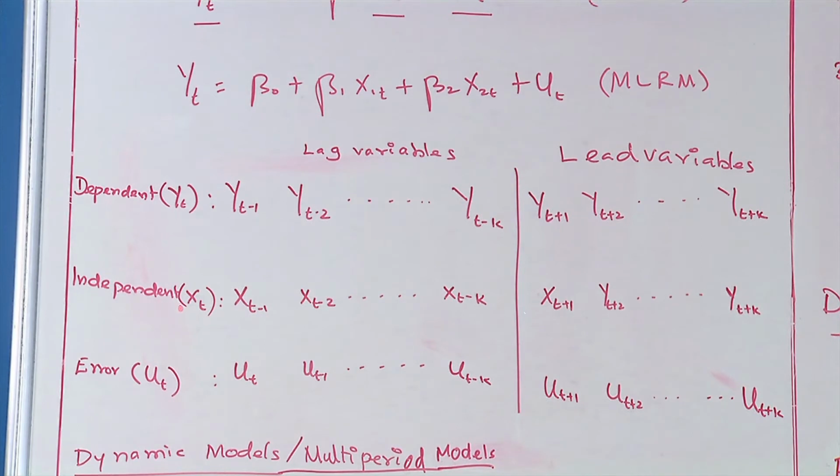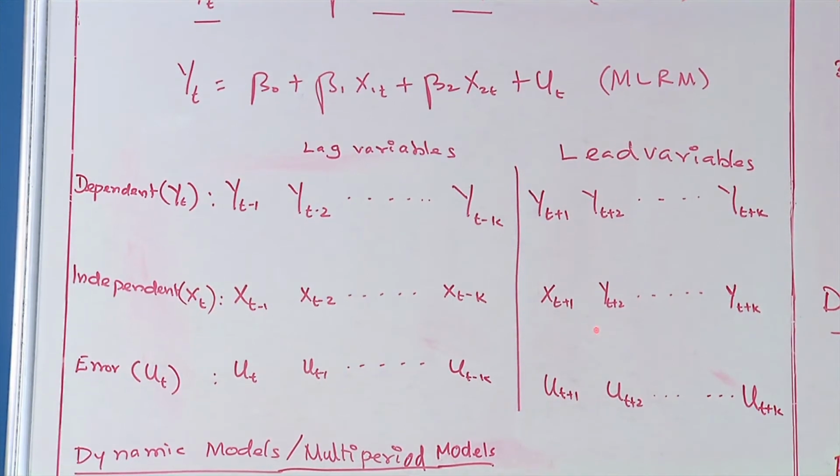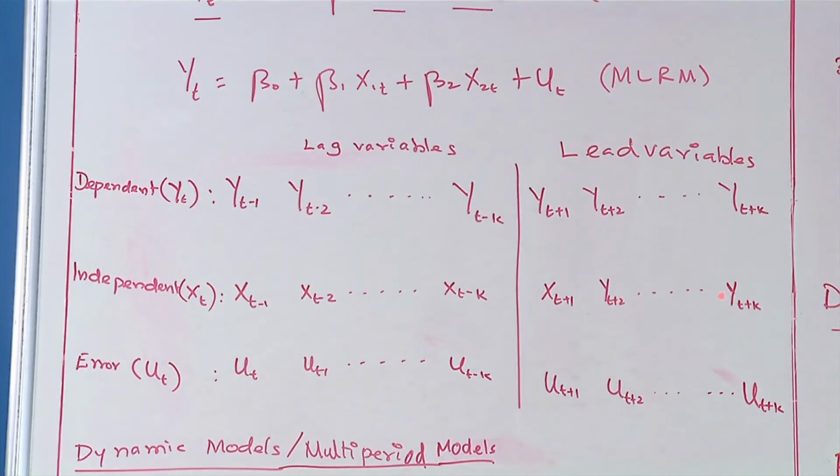If it is xt, then the lagged independent variables may be denoted as xt minus 1, xt minus 2, etc., xt minus k. This is the kth lagged variable of xt, and also the lead variables are written as xt plus 1, xt plus 2 and xt plus k.